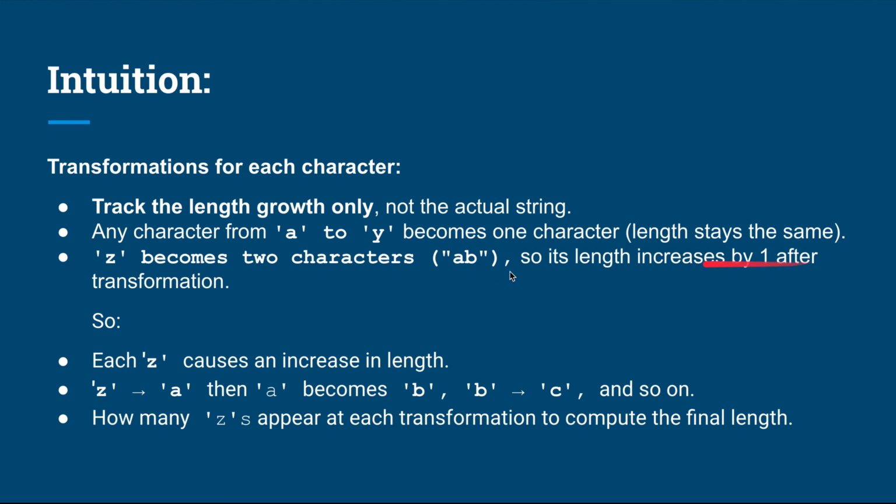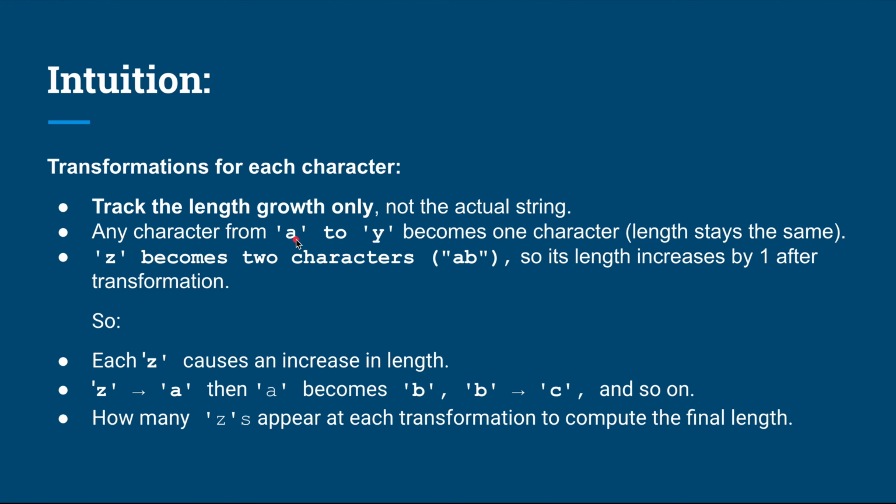So after each transformation, if G is there in the given string, we add one more character and increase the length because G is becoming AB, right? So for each character we have to track the length only, not the actual string.